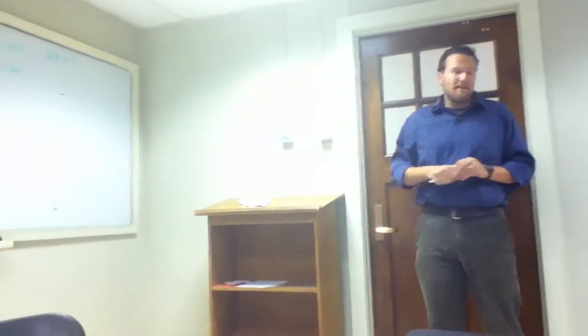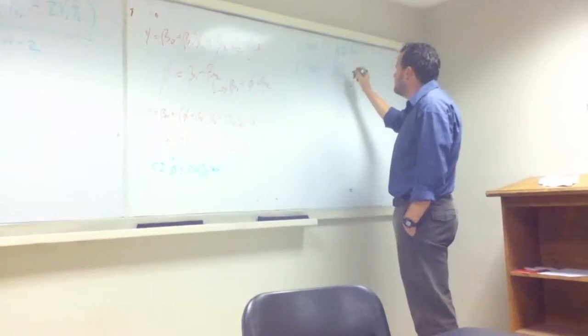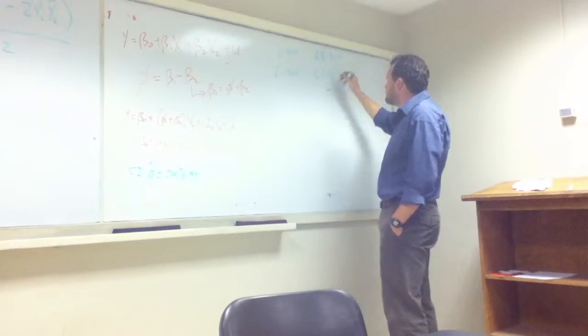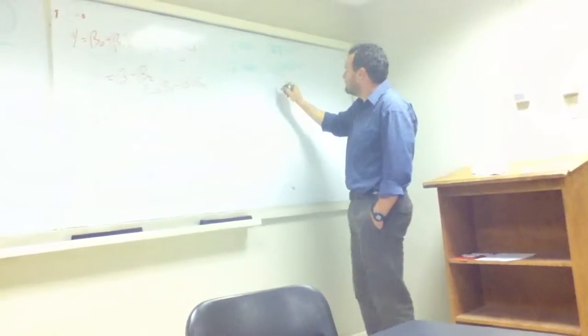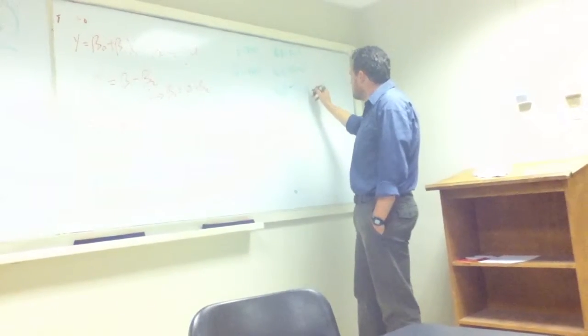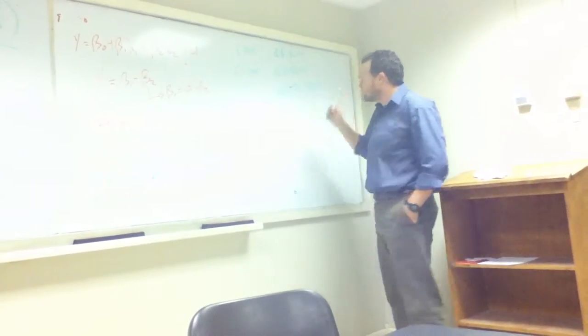F-test is anytime we have multiple hypotheses that we're jointly testing. So, for example, beta 1 and beta 2 both equal 0, or beta 1 equals 3 and beta 0 equals 5, okay?